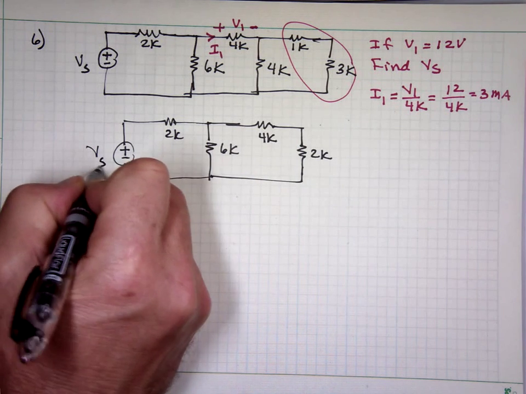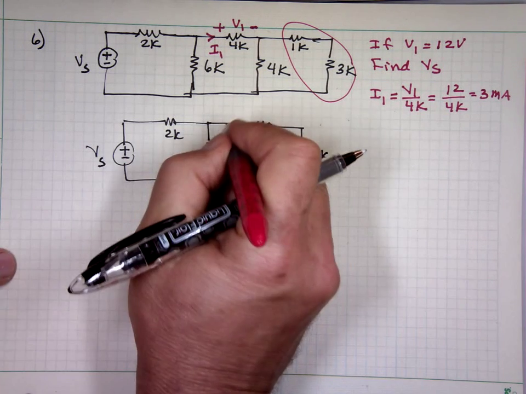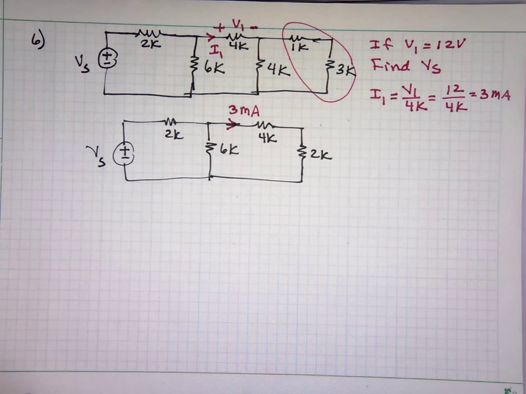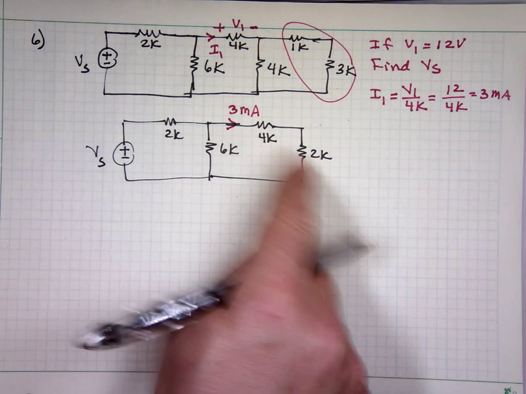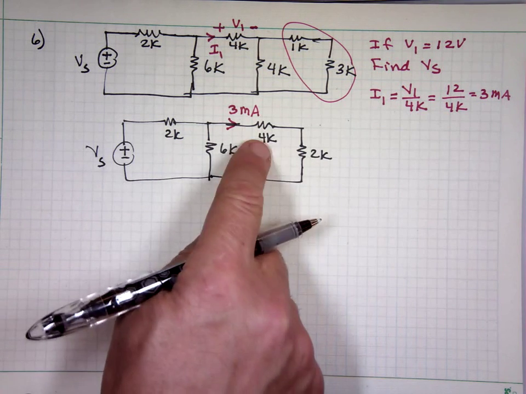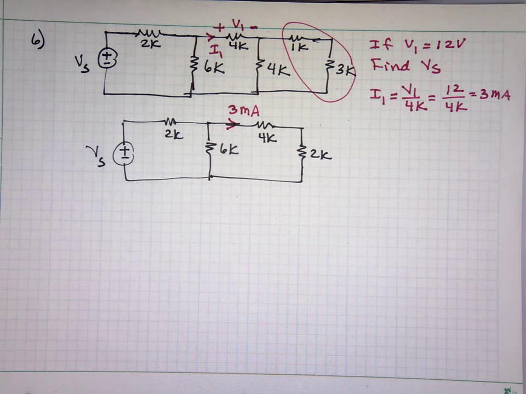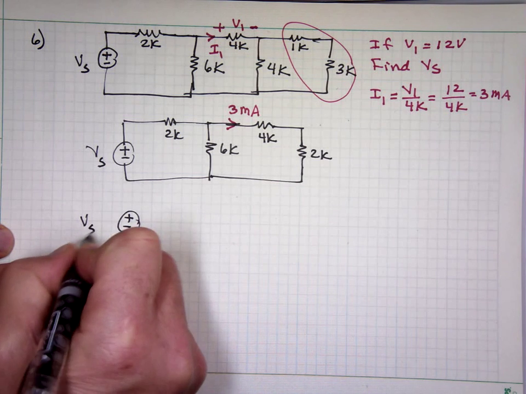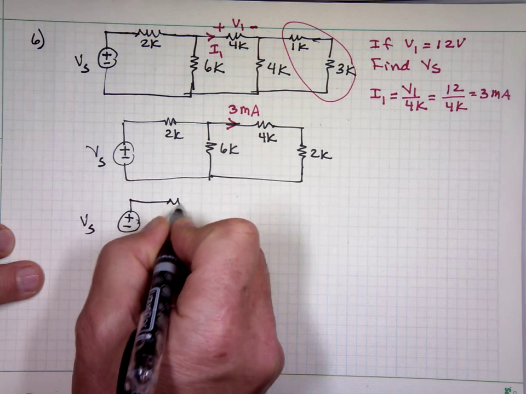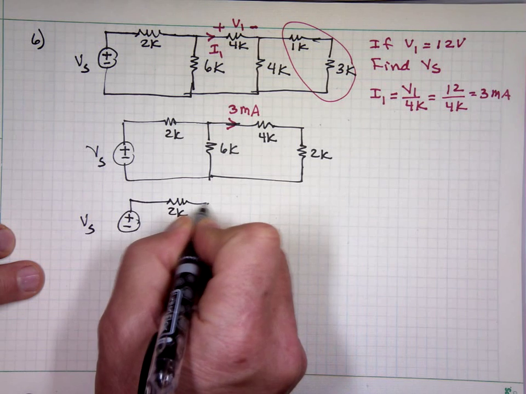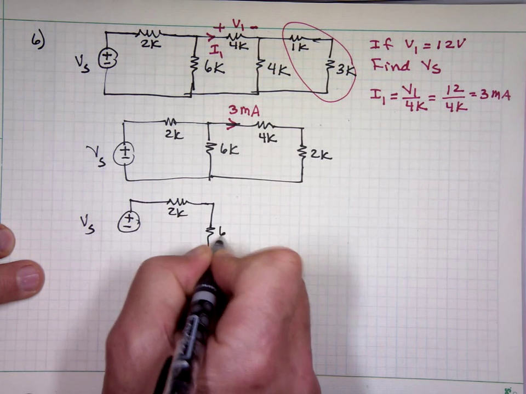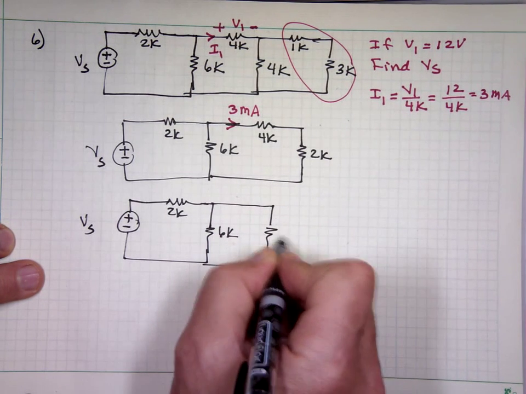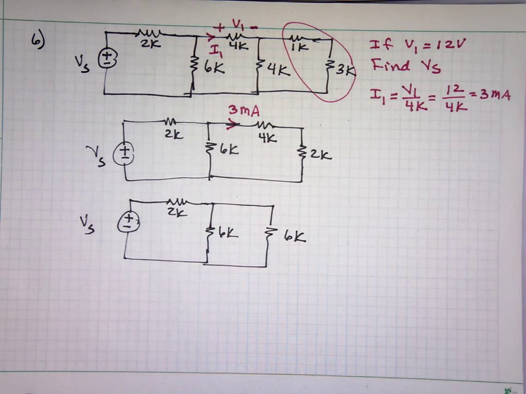We know the current going through this is 3 milliamp, right? If I combine these two, does that change the current? No. And this is 3 milliamp coming down this way.